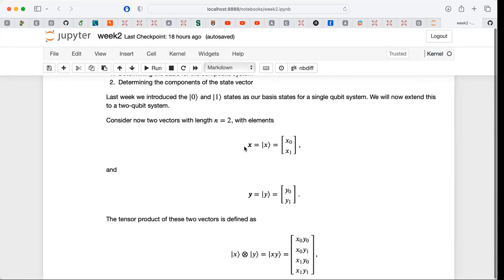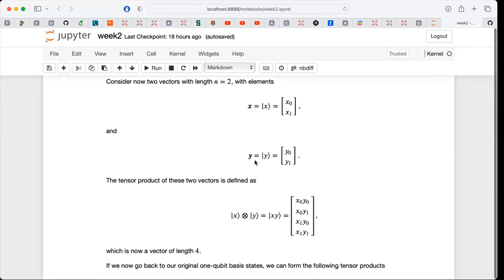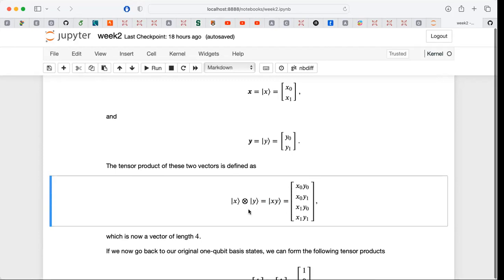This boldface quantity, in our notation here, simply means this general definition of a vector with two components. And then we would have the same for the vector y here. And if we do the tensor product of these, it's common to rewrite this just as xy, instead of writing x tensor product with y.